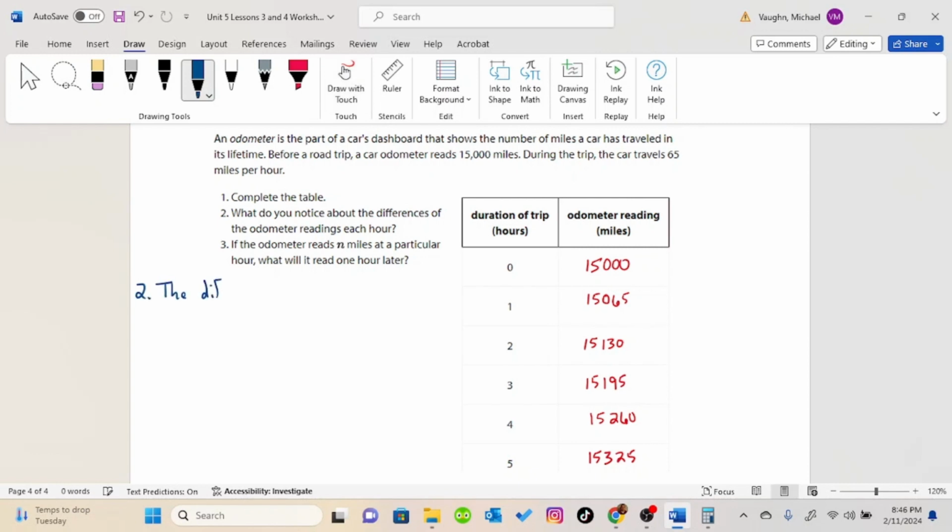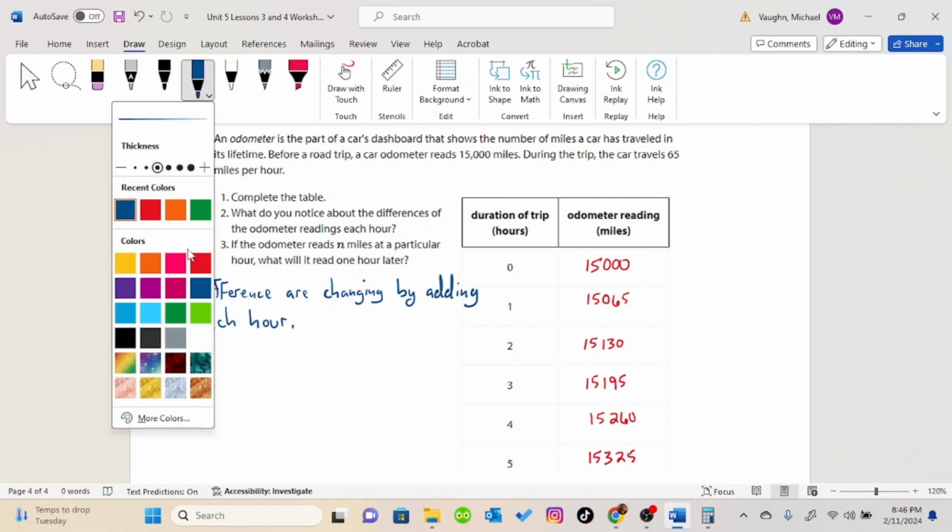The differences are changing by adding 65 each hour. This is a linear function because we're adding the same amount each time.